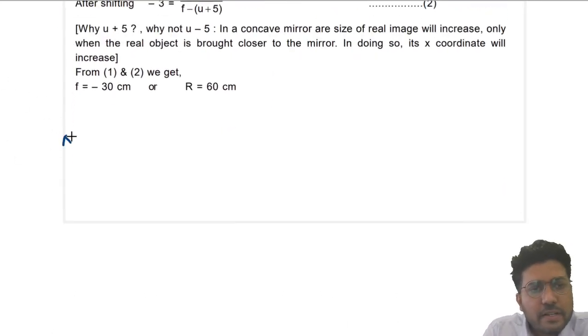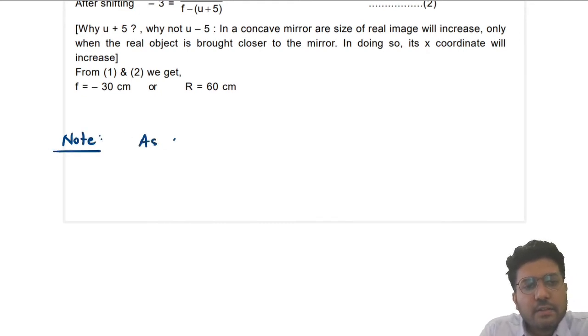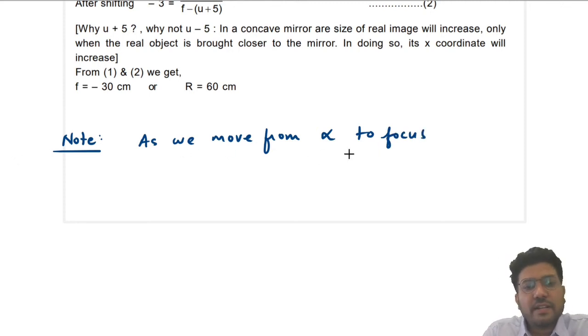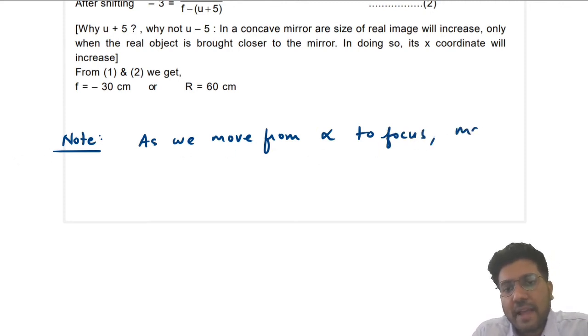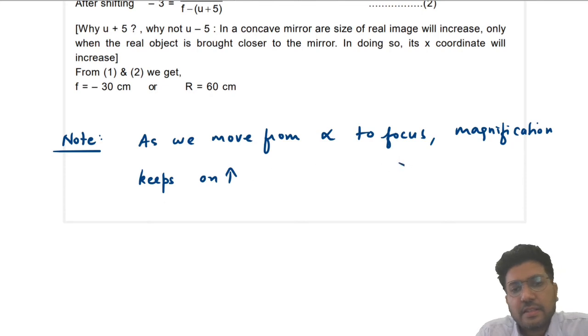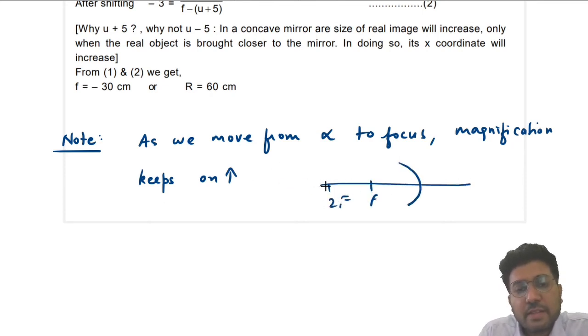Now this is a very important question, and before starting it I'll tell you one important note that you have to remember. As we move from infinity towards focus, the magnification keeps on increasing. Beyond 2f the image was diminished, right?